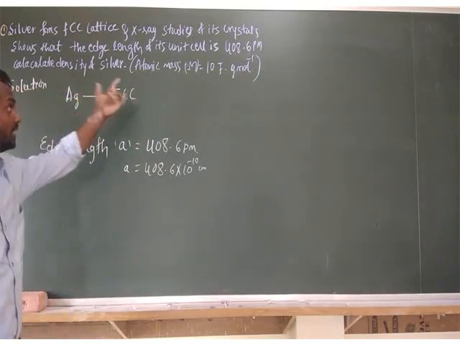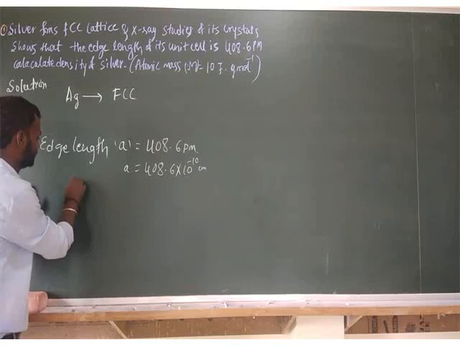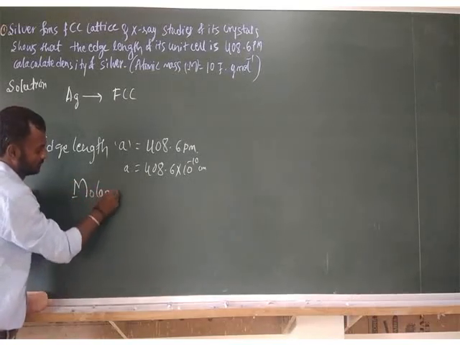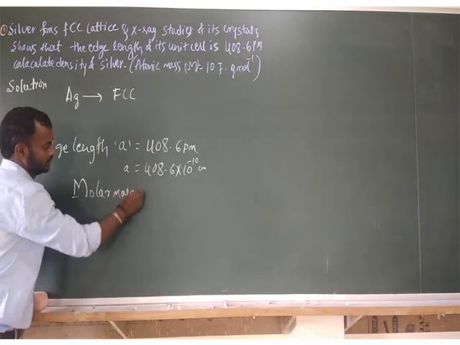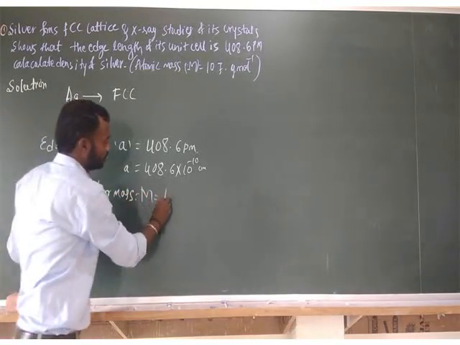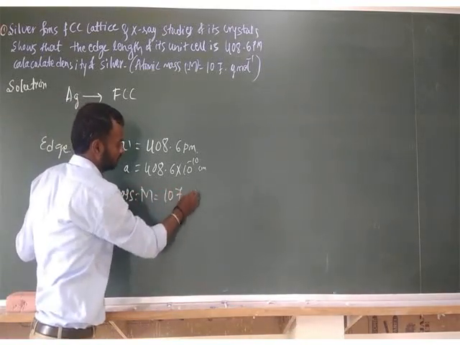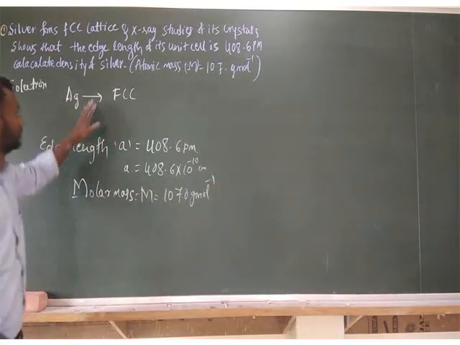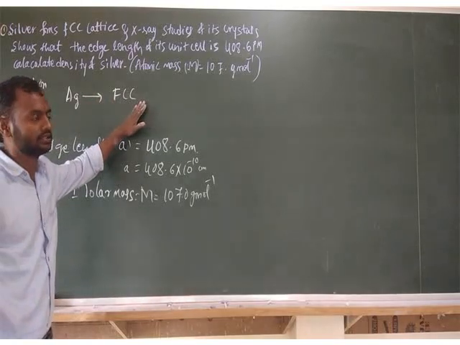The atomic mass, capital M, the molar mass, is 107 gram per mole.